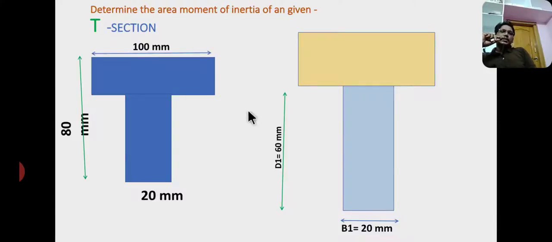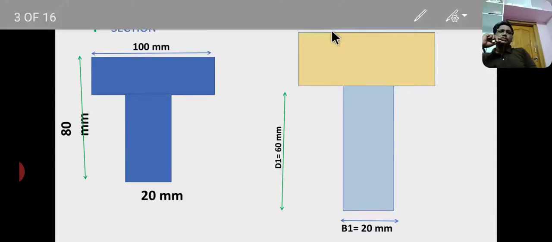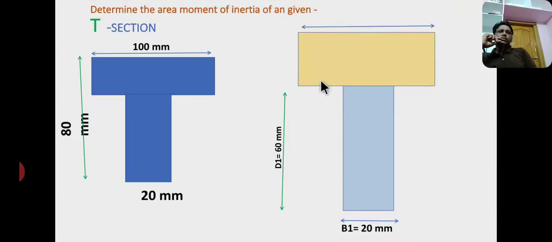Now I consider the top horizontal rectangle as section 2 having dimensions base b2 equal to 100 mm and depth or height d2 equal to 20 mm.